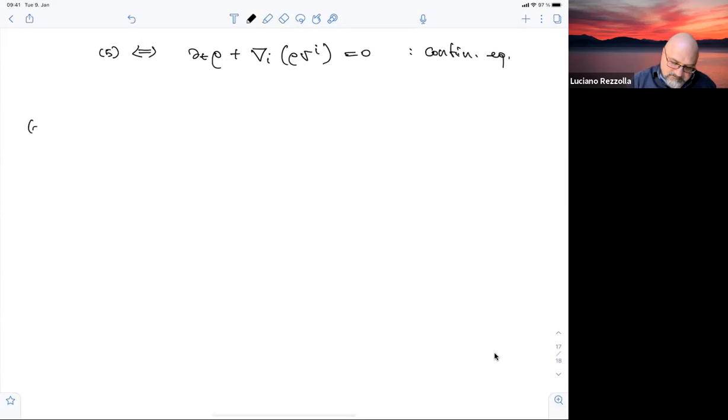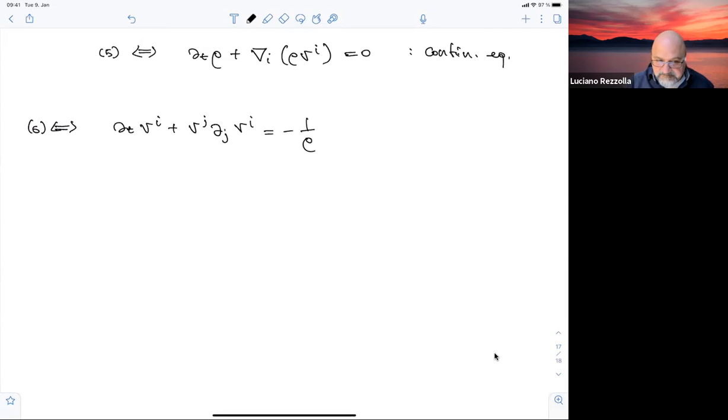6 is equivalent to ∂_t v_i plus v^j ∂_j v_i is equal to minus 1 over rho ∇_i p plus ∇_i phi.